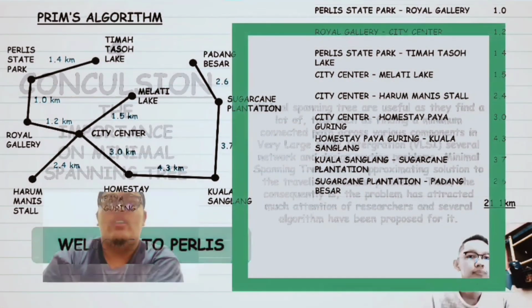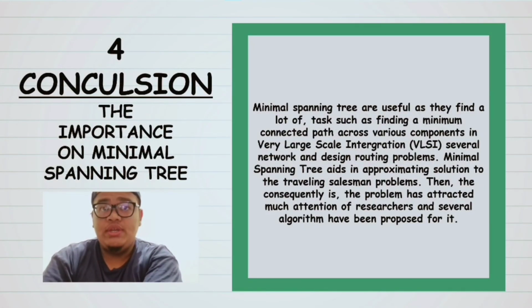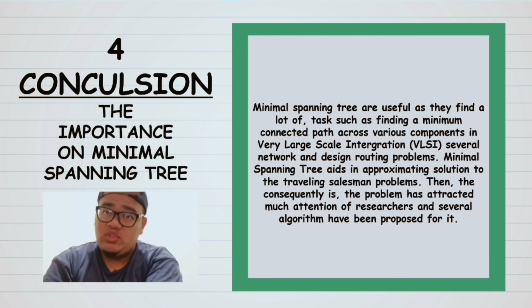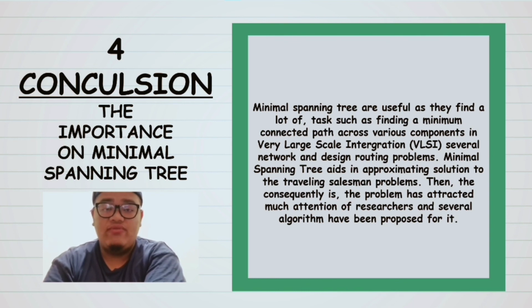Thank you. Okay, for the conclusion, the importance of the minimal spanning tree: minimal spanning trees are useful as they help in tasks such as finding a minimum connected path across various components in very large-scale integration (VLSI), and in several network and design routing problems.